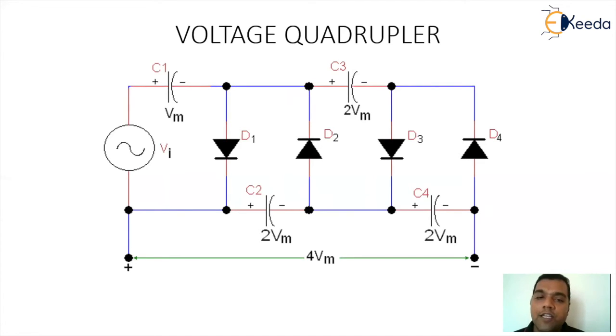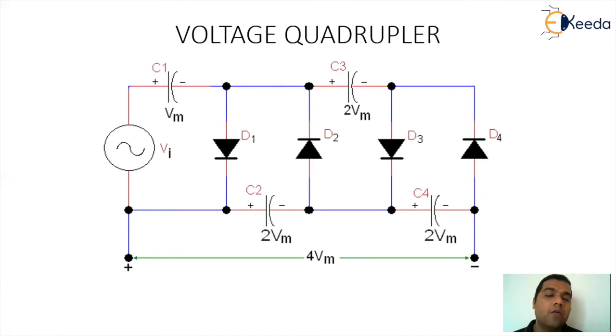So the final logic gave you 2 Vm. Once you add the third pair, it gave you 3 Vm. Now we are adding the fourth pair. It gives you 4 Vm. So as and when you keep on adding the combination of diode and capacitor, the multiplication of the input level will keep on extending.